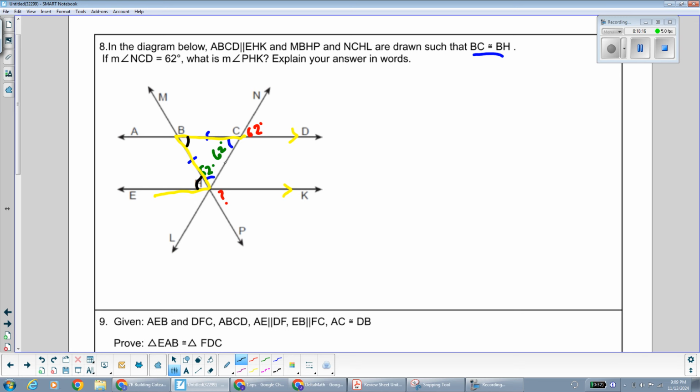This is 62 and this is 62. So together that makes 124. And then all three angles of a triangle make 180 degrees.